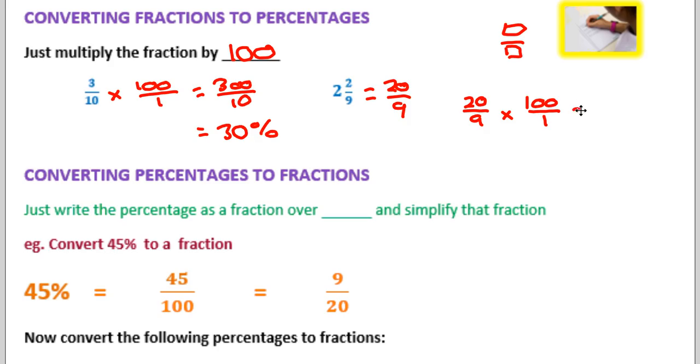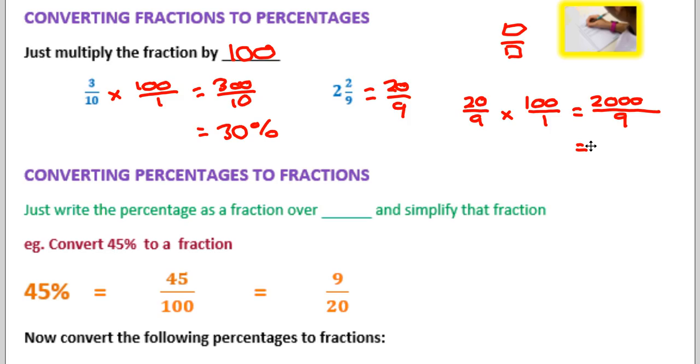If you want to do it without a calculator, you do 20 times 100, which will give you 2,000 over 9 times 1. And you just have to work out what's 20 divided by 9. So 20 divided by 9, have a think what that could possibly be. In a way, you could also think of what's 20 divided by 9, and then times that by 100.